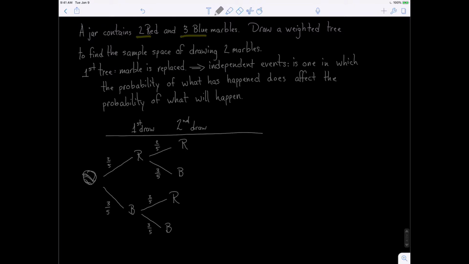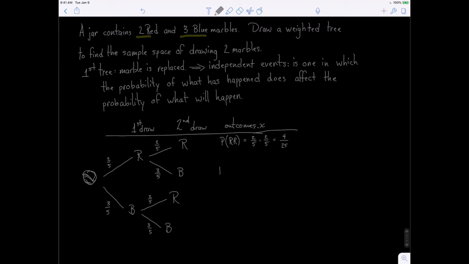So let's write here's our outcomes here. So if I wanted the probability of a red, well, we just follow what we've done before and we multiply the probabilities, which are also called weights, on each branch. So that was 2/5 times 2/5, which is a total of 4/25.